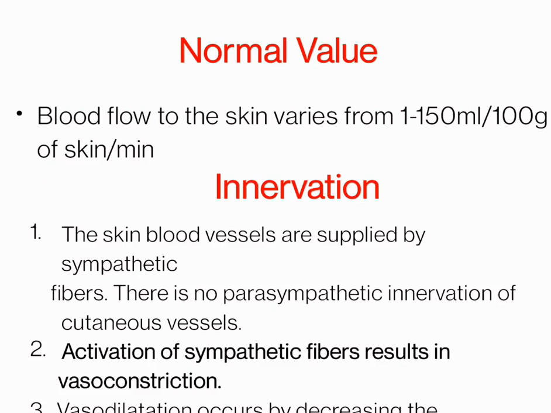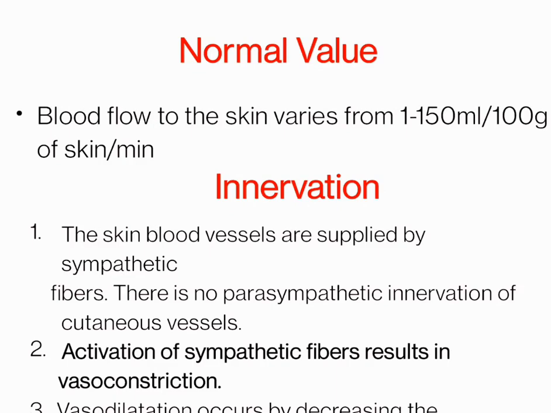The normal value is very important. It varies from 1 to 150 ml per 100 gram of the skin tissue per minute. This value is to be noted. Innervation: the skin blood vessels are supplied by only the sympathetic fibers, no parasympathetic innervation is observed.